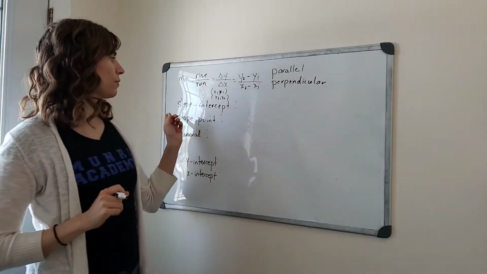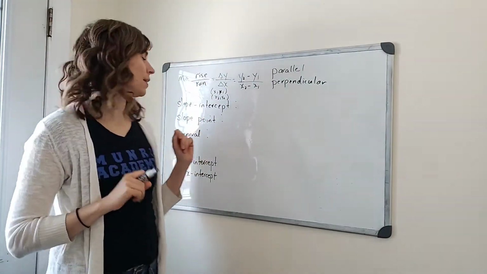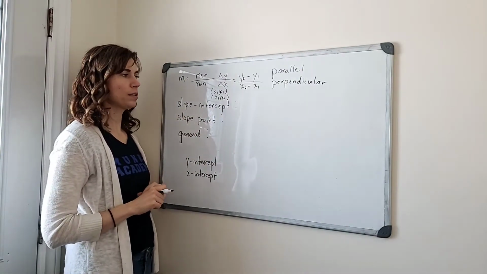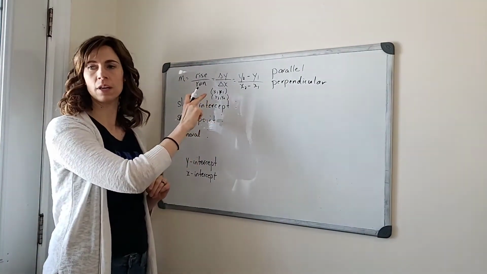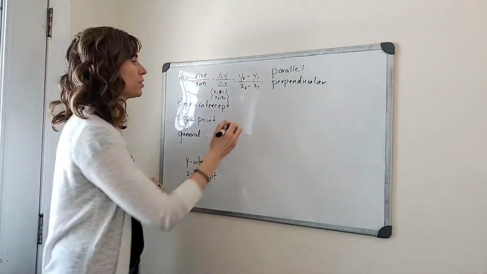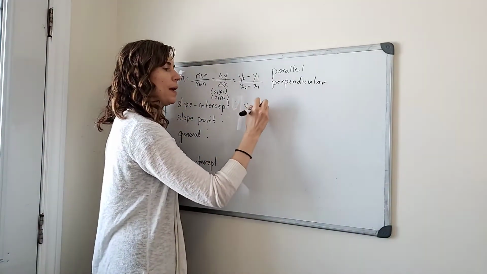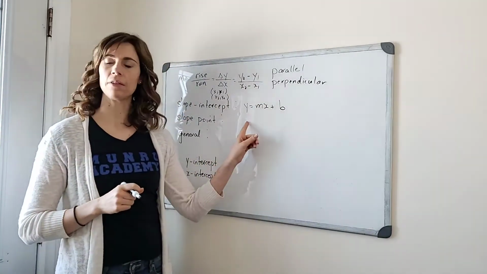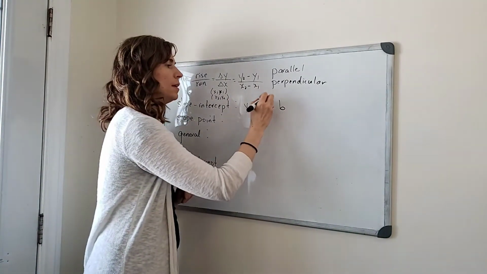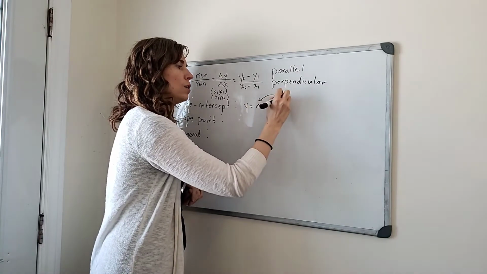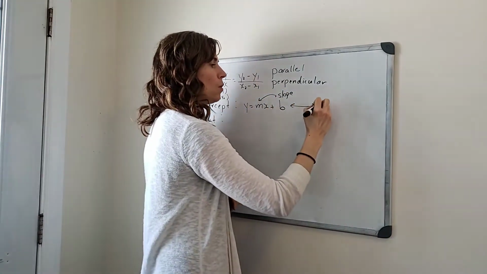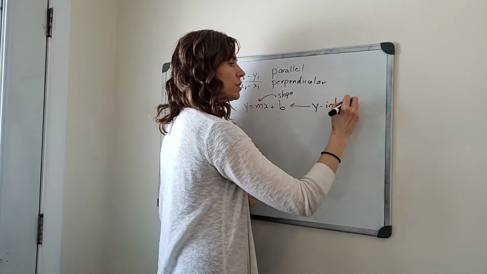Okay, let's go to the different forms that a linear equation can take. Let's start with our slope-intercept form. Does anyone remember what that looks like? Yes, Hannah. That's correct. y equals mx plus b. What information can we gather from this? Yes, the m is our slope, and b is the y-intercept.